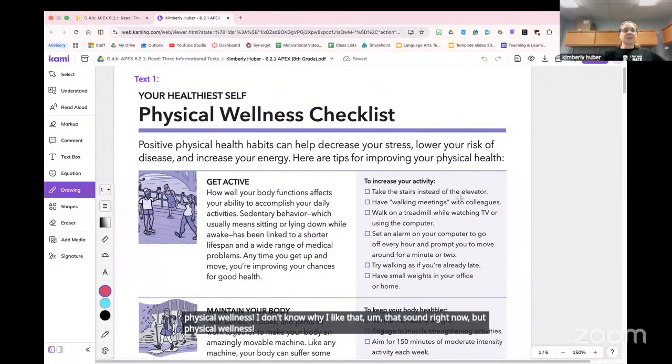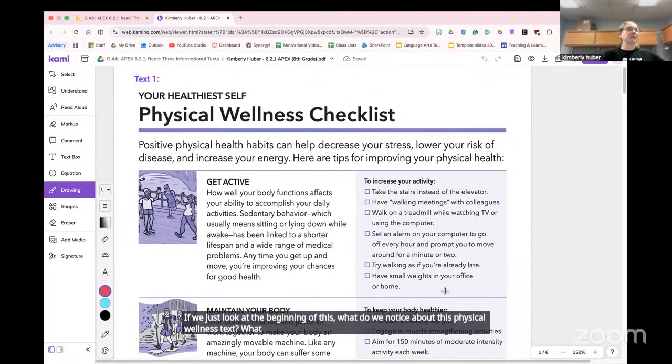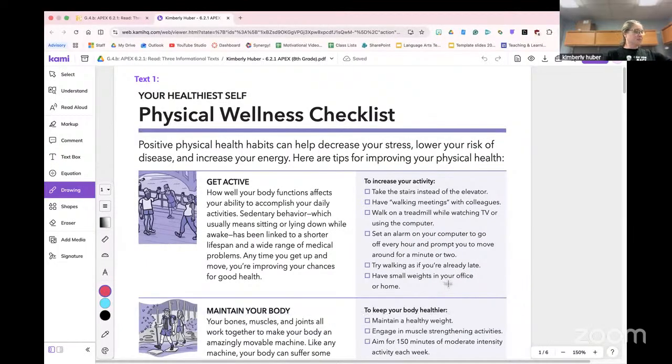If we just look at the beginning of this, what do we notice about this physical wellness text? What kinds of things do you notice?